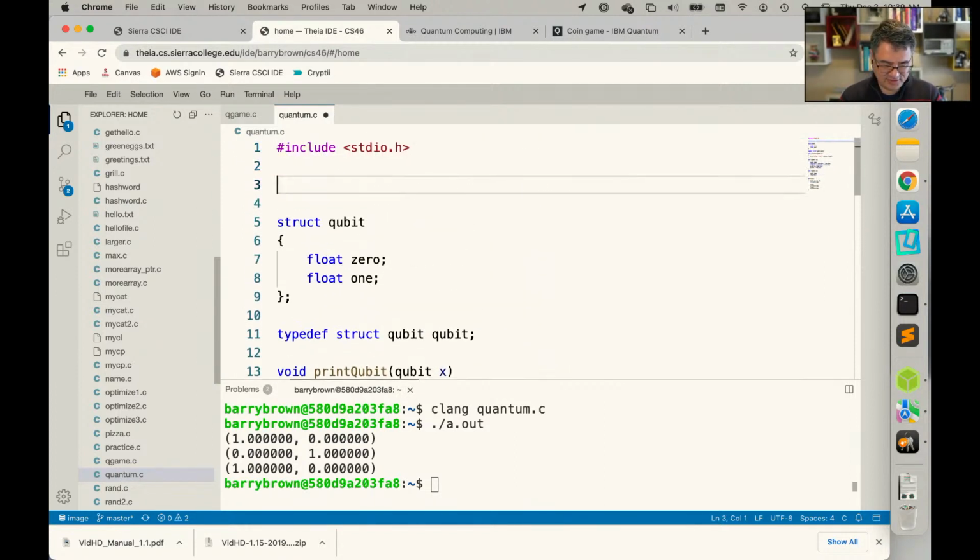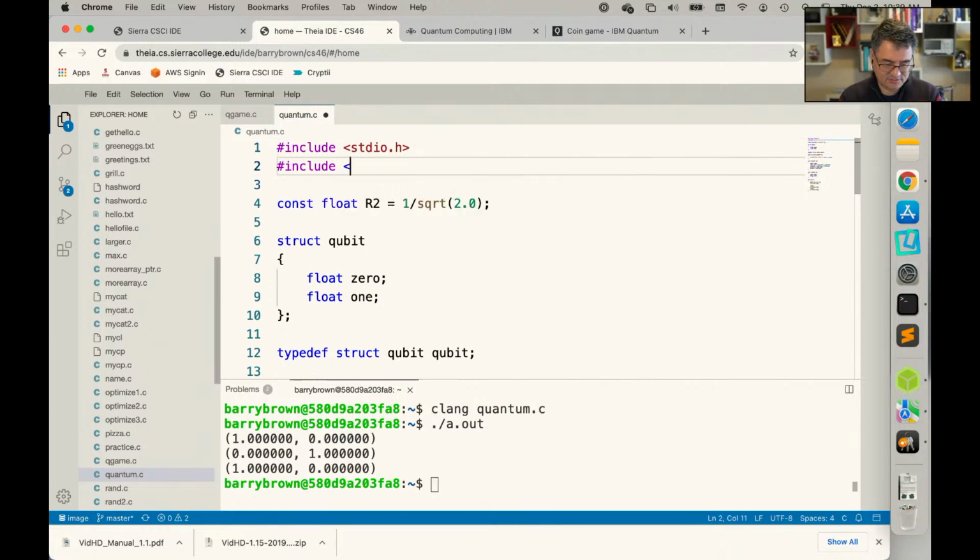So let's just go const float R2 equals 1 divided by the square root of 2, 2.0. And in order to do that, I'll have to include math.h, because that's where the square root function is kept.